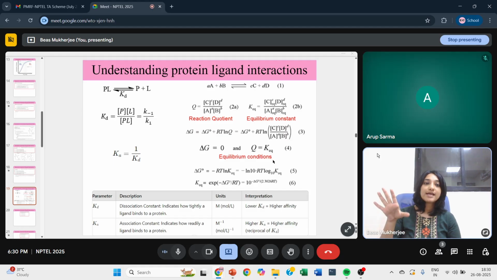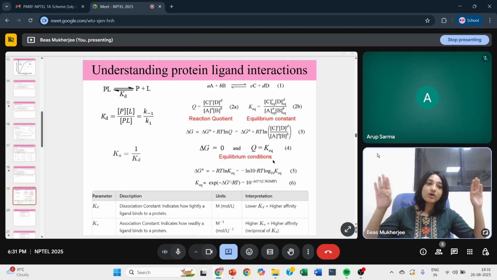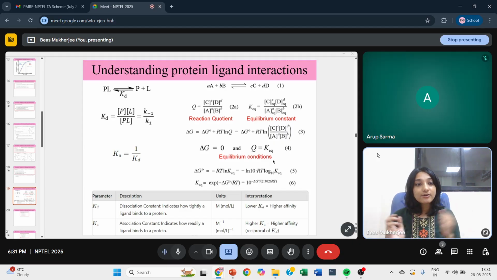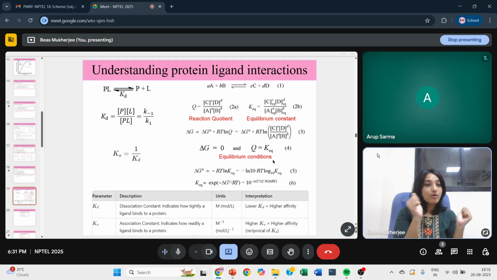Let's say that you want to understand this in terms of the equilibrium of the reaction. Initially there is protein and ligand, and they form a protein ligand complex, and there is K off and K on. K off and K on mean how easily the two molecules are breaking up, that is the off rate, and how easily they are forming, that is the K on.